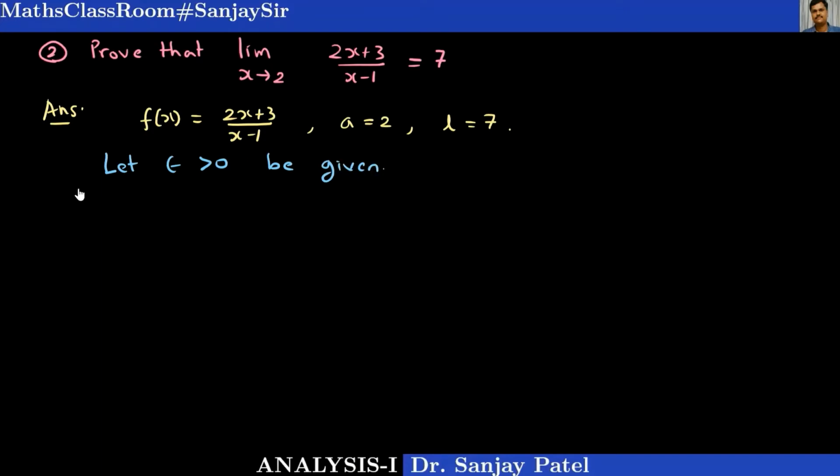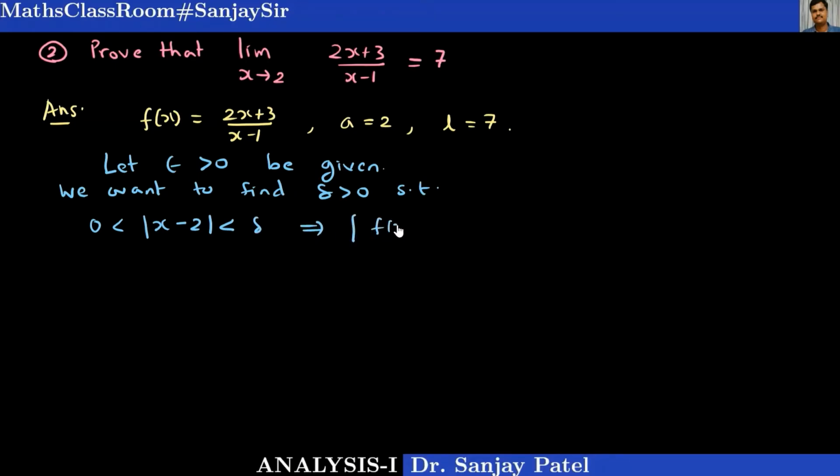We want to find delta greater than 0 such that whenever 0 less than mod of x minus a, that is 2 here, is less than delta, implies mod of f(x) minus L, which is 7, is less than epsilon. So this is my aim.